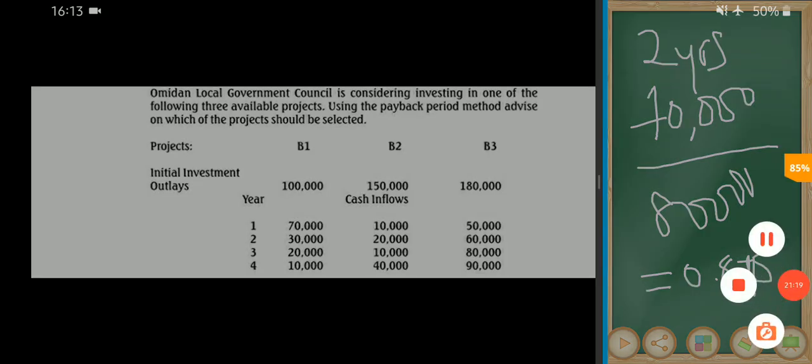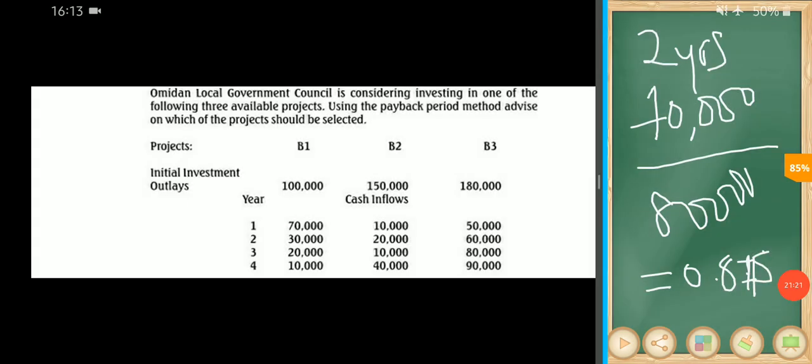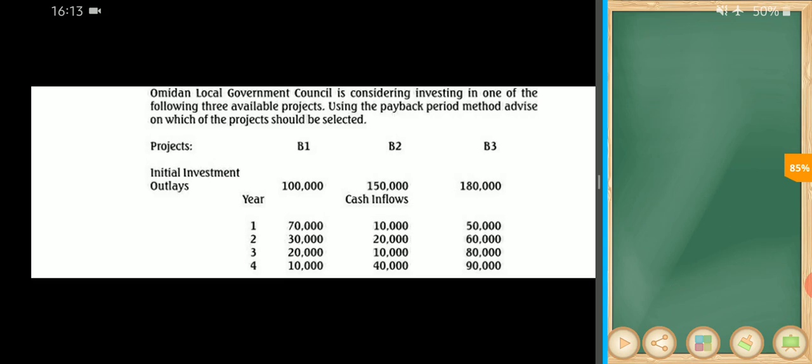It's either you do that, or you just write 2.88 years. You can either write 2.88 years, or you write 2 years, then you convert that 0.88 to months, which will be 0.88 times 12 months, which will give us 10 months. So you say 2 years, 10 months.